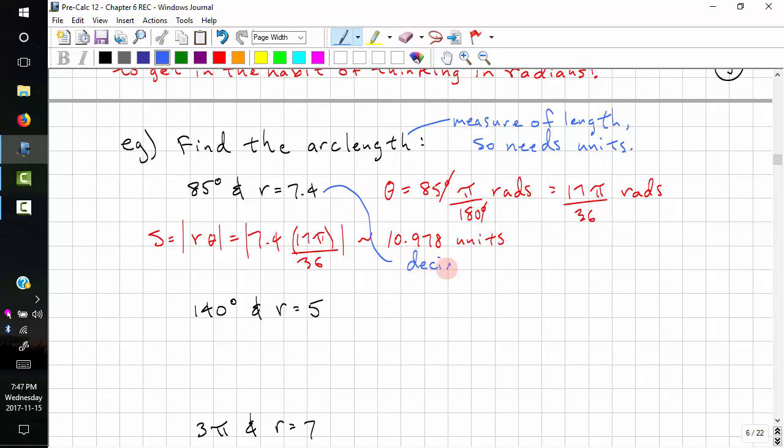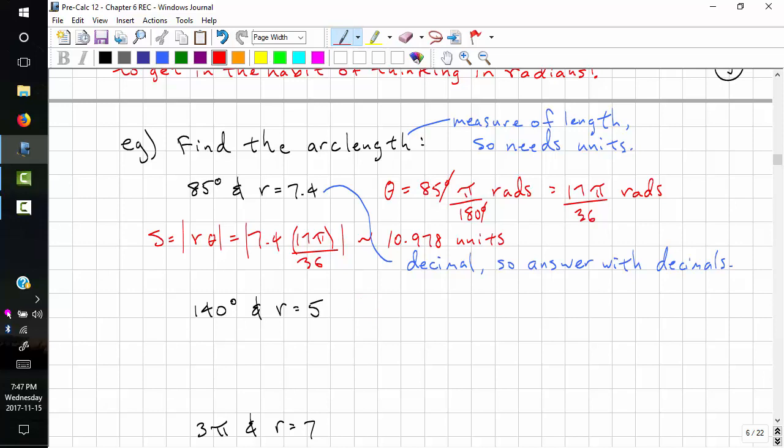Decimal value. So answer with decimals if not specified.